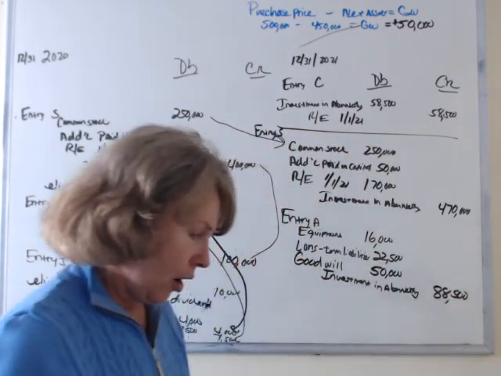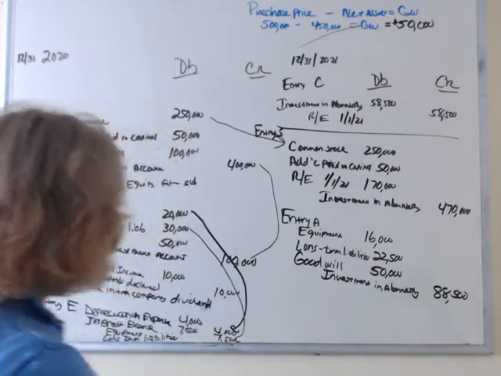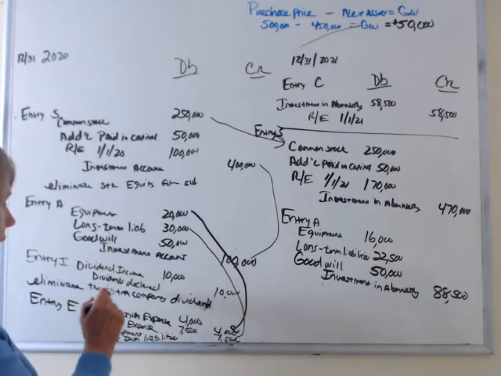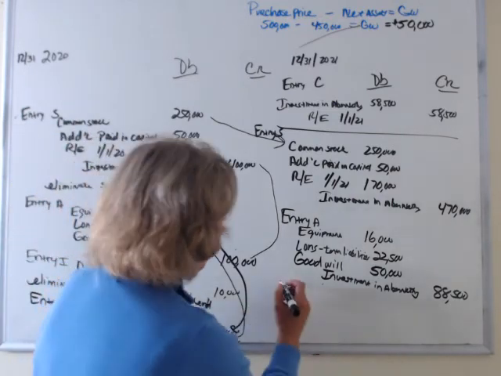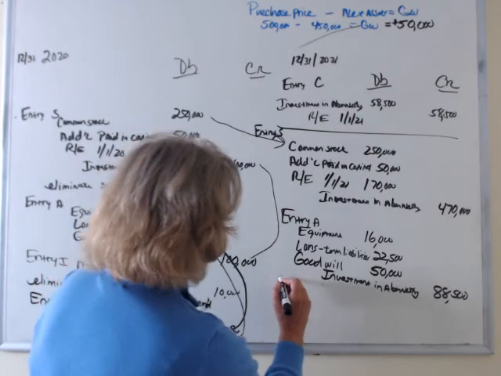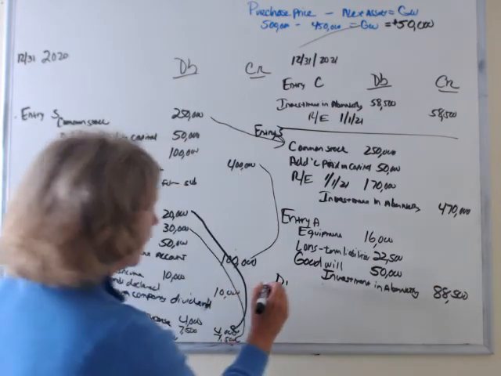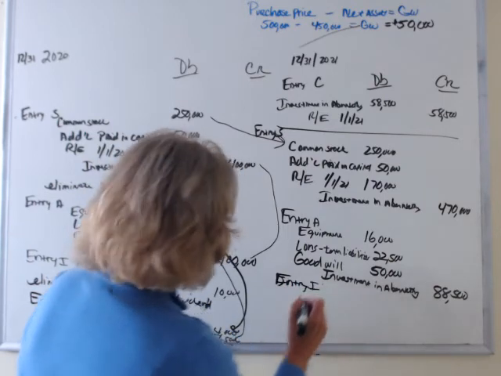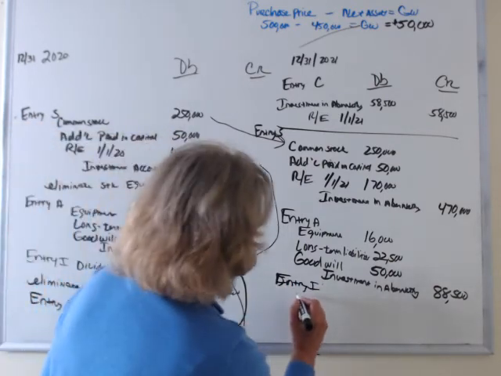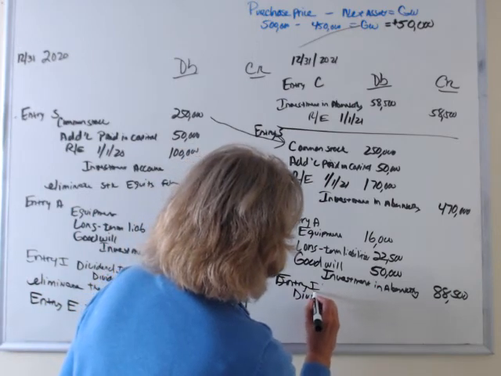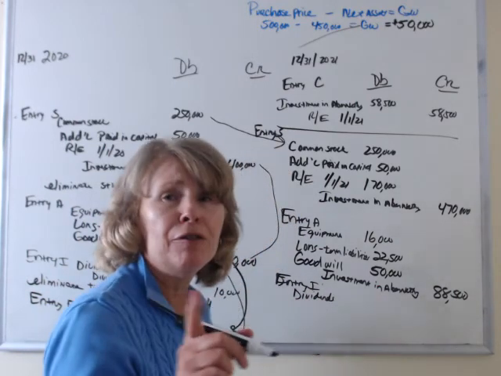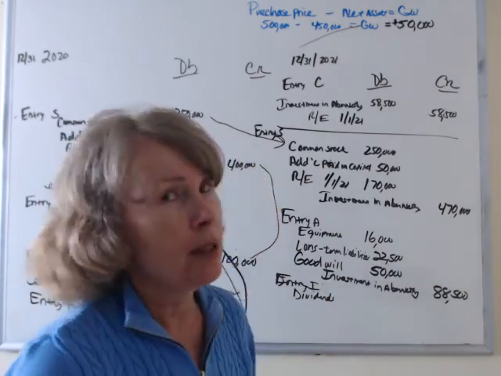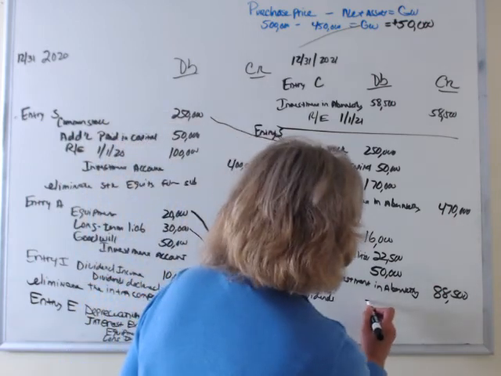Okay? All right. Next, here's the good news. I'm going to draw a line. My dividend income is now 30, but it's those exact same accounts. So this is entry I. I have debit dividend income, but the dividends change, so be careful of that. Read the problem. Sometimes they make them the same to make our lives easier, but this one they changed. They changed it to 30,000.